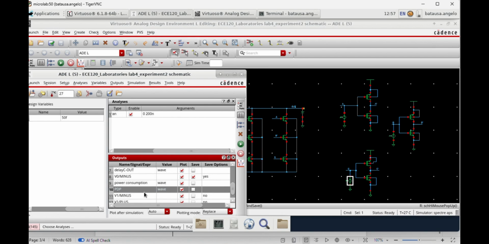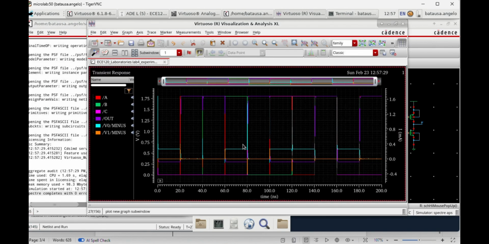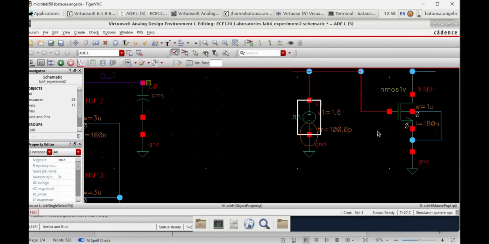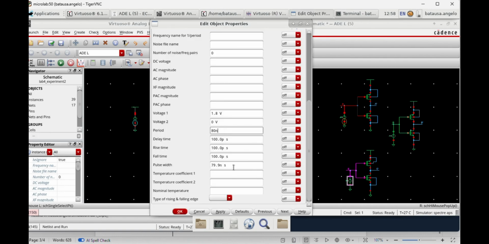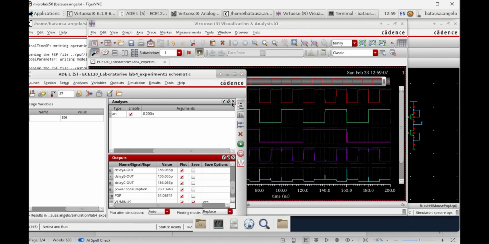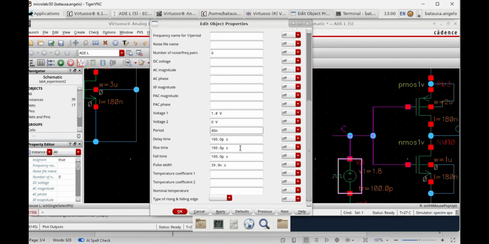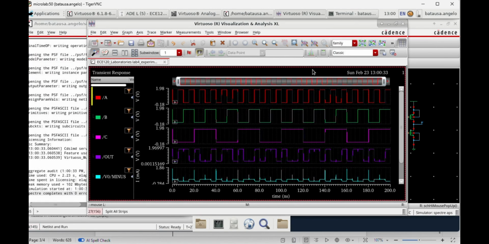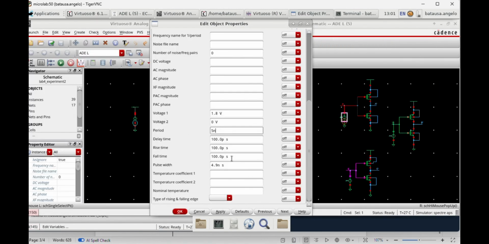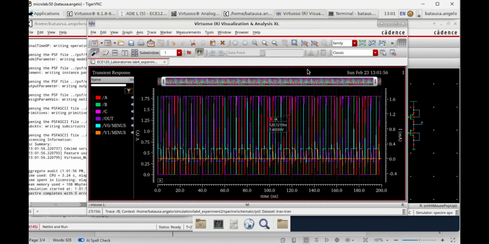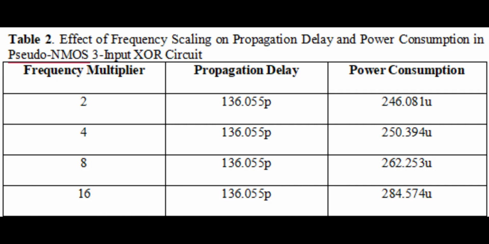The input signal frequency was increased by factors of 2 times, 4 times, 8 times, and 16 times. Here is the summarized table in varying the input pattern of the pseudo-NMOS circuit.